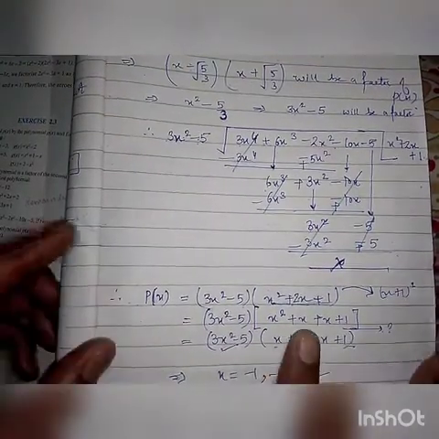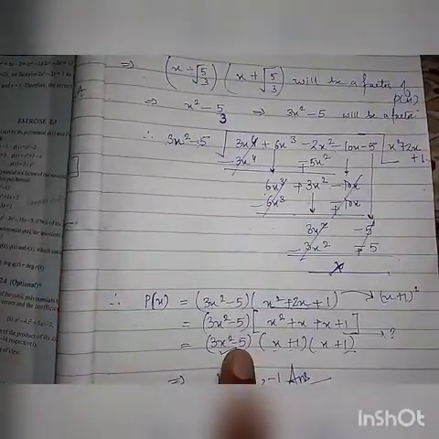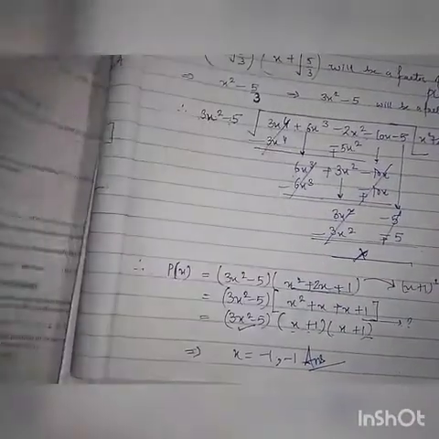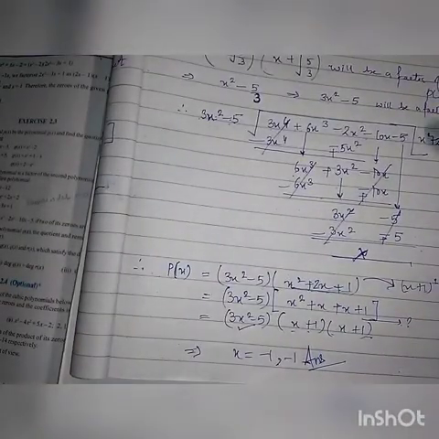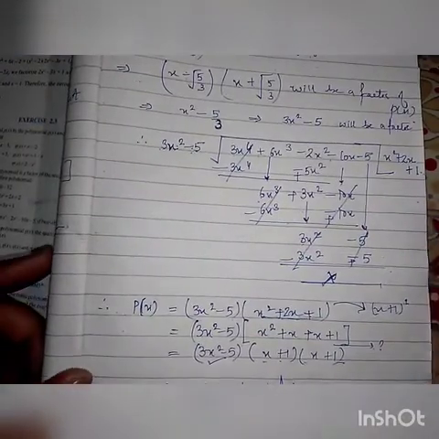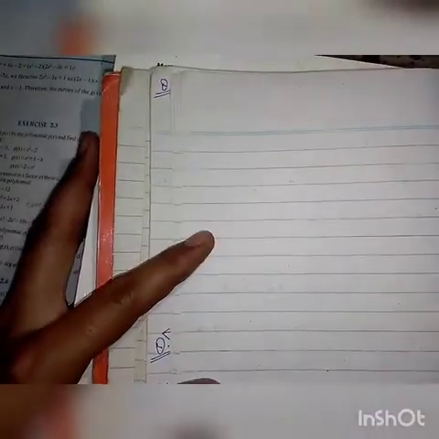Now the last example of this exercise, that is example number 9. Example number 9 is exactly the same as this solution. Okay, then come to your next question. Question number 4.